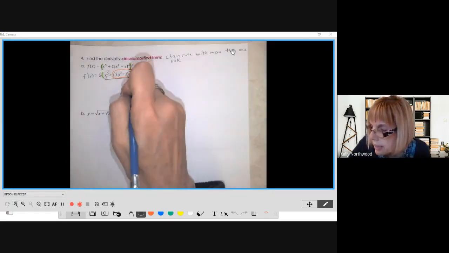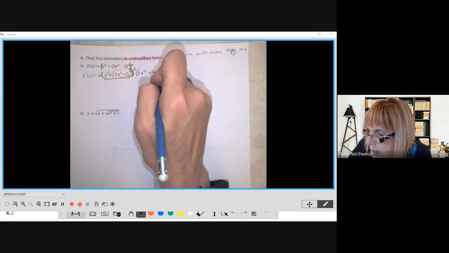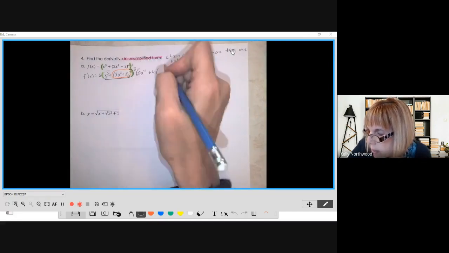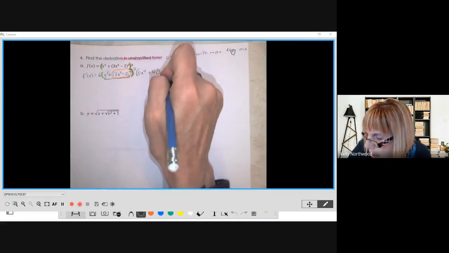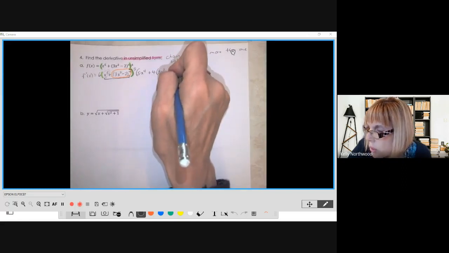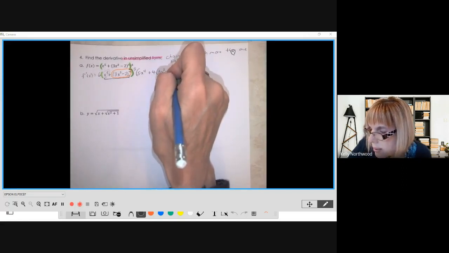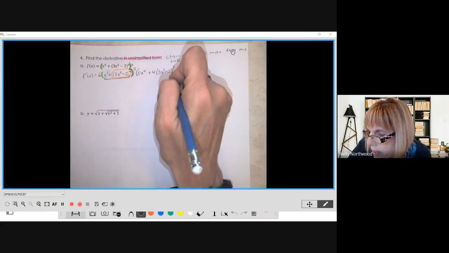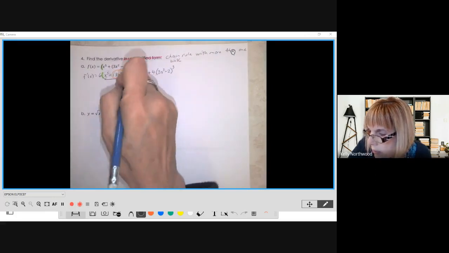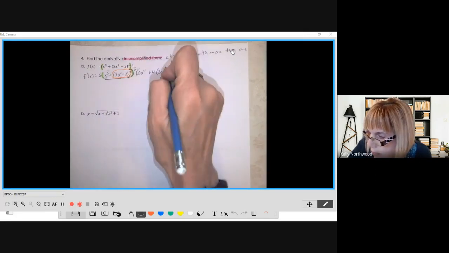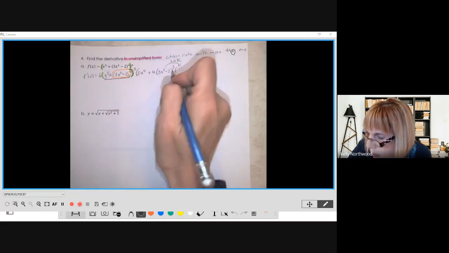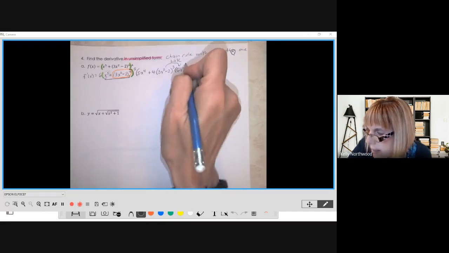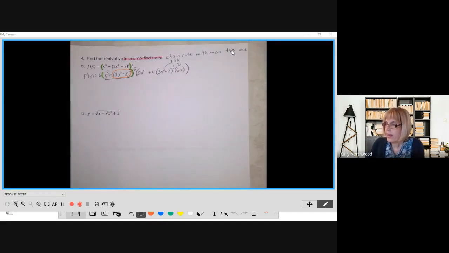So that's going to be plus 4 times 3x squared minus 2 cubed. But then there's another link in the chain because that's the outer derivative of the orange one multiplied by the inner derivative, which is 6x. So that is the derivative. There's a chain rule inside the chain rule.